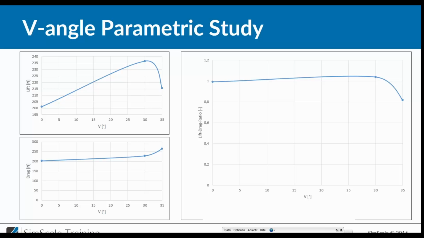But here we can see that the lift force is increased significantly more than the drag force, and this results in high efficiency, and this is really important. And me personally, I was a bit surprised when I saw the results for the first time.